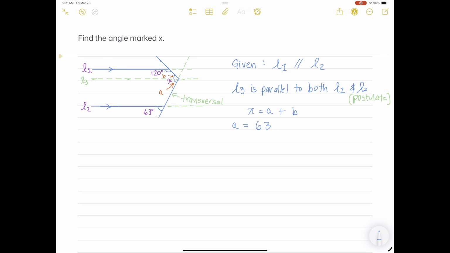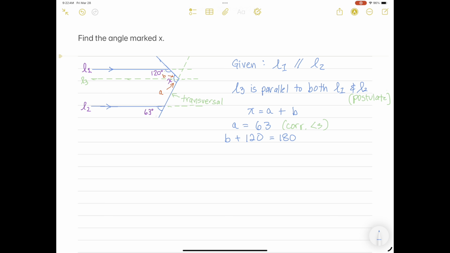And since corresponding angles are equal, angle A is 63 degrees. So A equals 63. And I write the abbreviation for corresponding angles as the theorem to support this statement. Next, I note that the two parallel lines, line 1 and line 3, have interior angles, which are angle B and the angle that is 120 degrees.